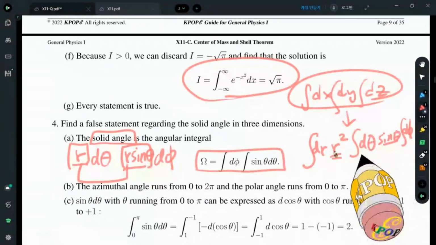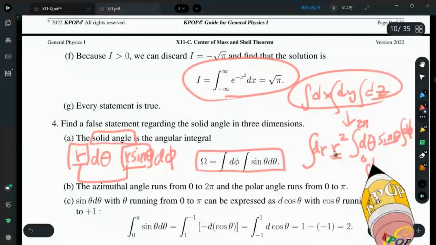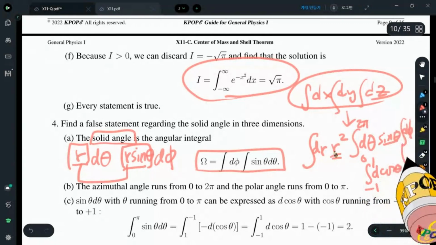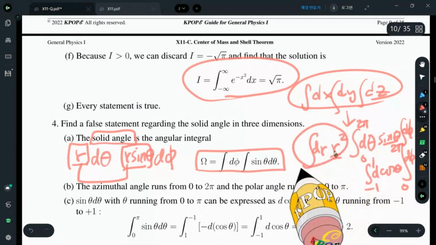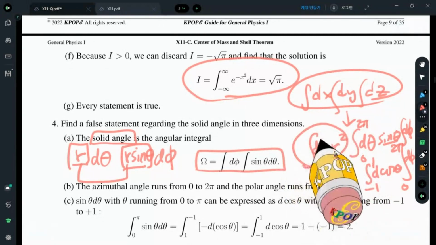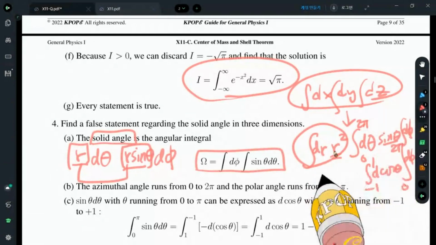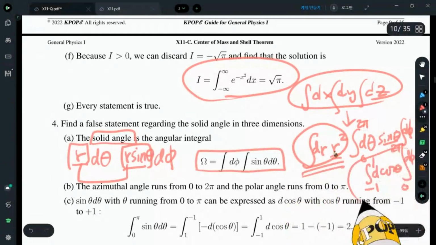And I told you this integral can always be expressed in terms of d cosine theta from -1 to 1, and the phi integral is trivial from 0 to 2 pi. And we have the radial integral. Any 3-dimensional integral in polar coordinates is factorized into the radial integral and the angular integral.